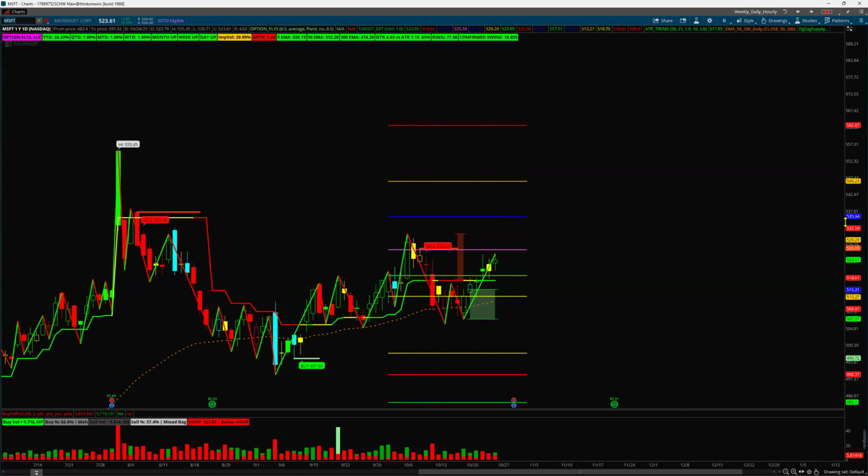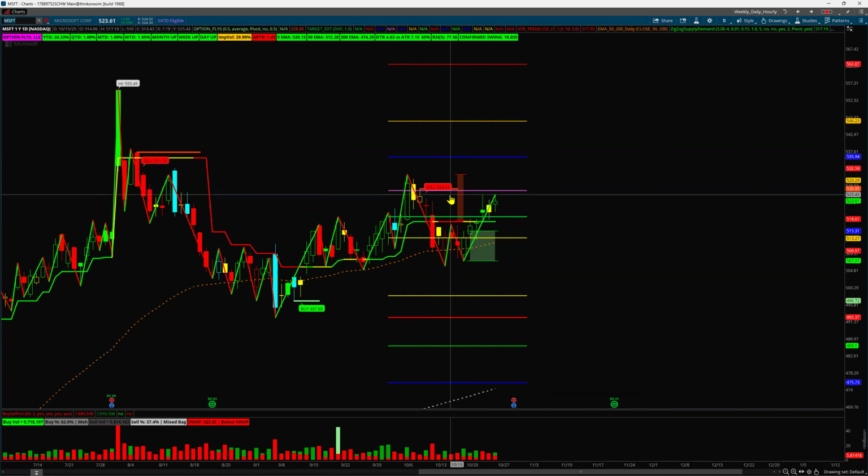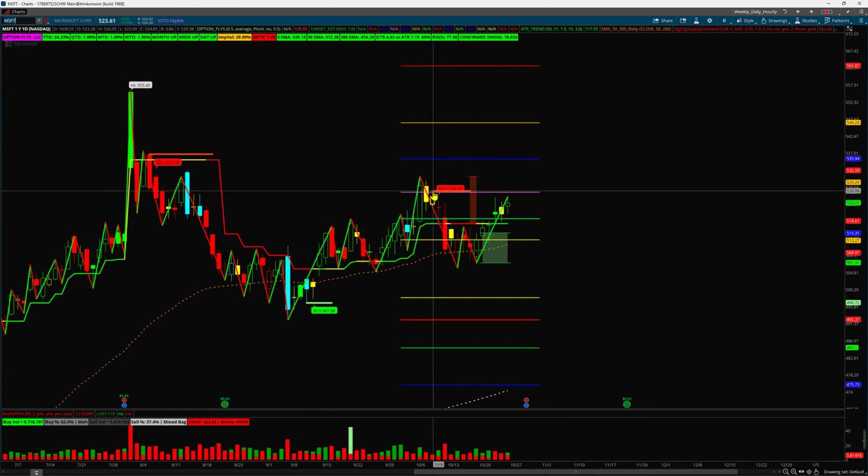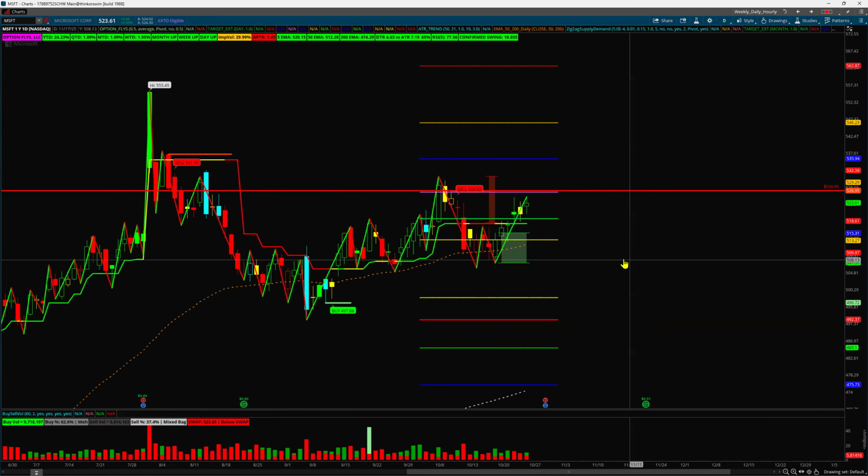Microsoft is trying to curve. I mean, the swing turned up. It needs to take out this high right there, that 526. So it looks like some sort of a U. I mean, this is going to be the most important earnings.